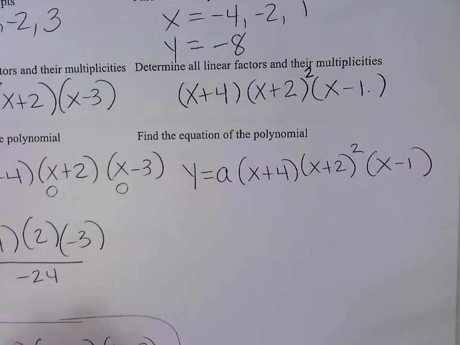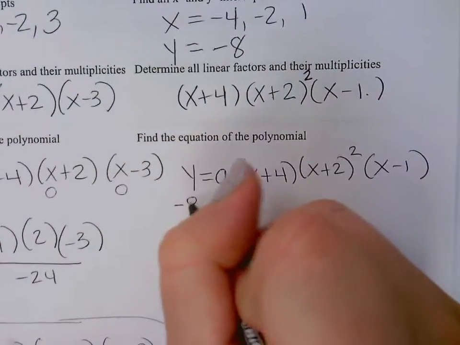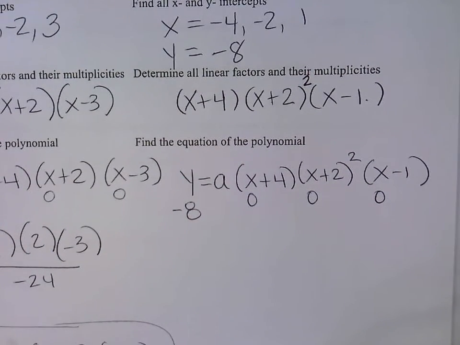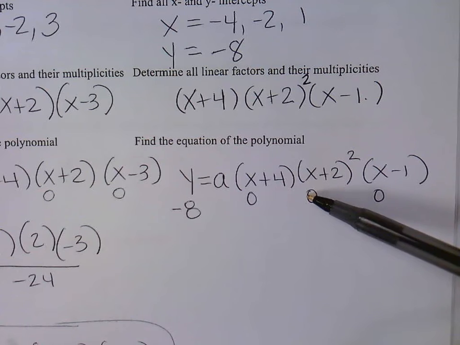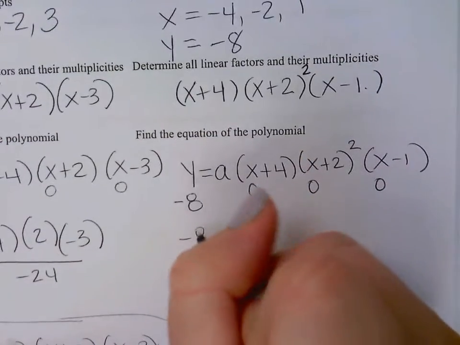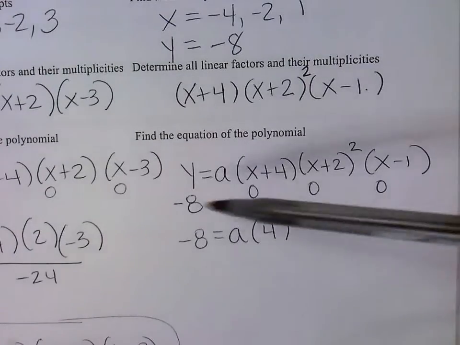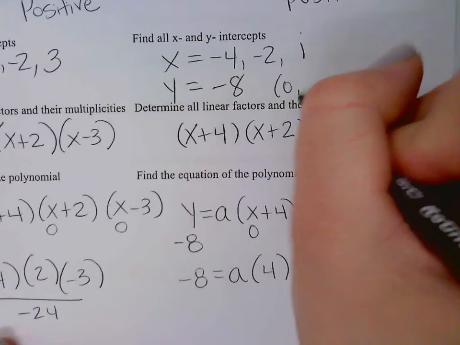I'm going to plug in the y-intercept, which was at negative 8. So negative 8, and I'm putting in zeros for all my x's. Be careful, because this is going to be 2 squared this time. Even though you're plugging in 0, it's not just the number 2. It's going to be 2 squared. So if I rewrite, negative 8 equals a times... the y-intercept's coordinate is 0, negative 8.